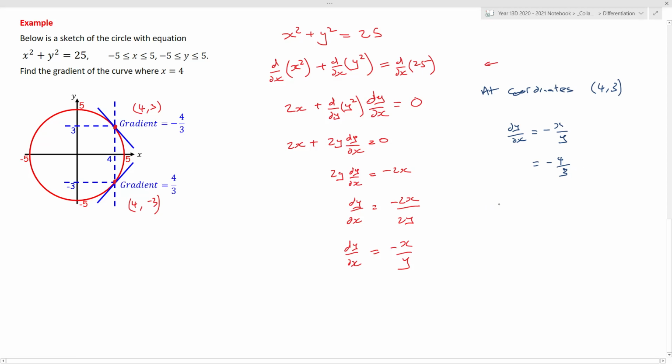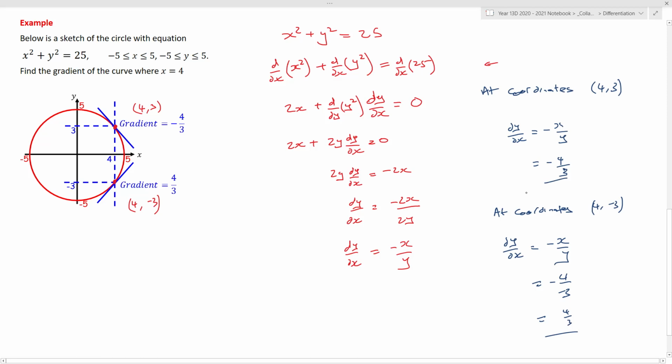So our gradient at that point, at coordinates 4, minus 3, the gradient, which we know is minus x over y, is equal to, sub in the figures, minus 4 over minus 3, so it's just 4 over 3. And that's job done.